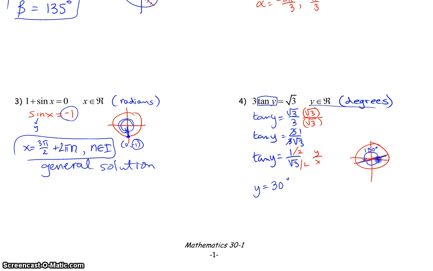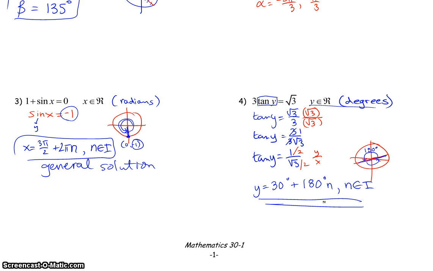If we add another 180 degrees, we would arrive back at the original one. So all we have to do to name both of these terminal arms is start with 30 and add multiples of 180 degrees. So 180 degrees times n, where n is an element of the integers. And there you go. That would cover all of the answers, or the general solution.